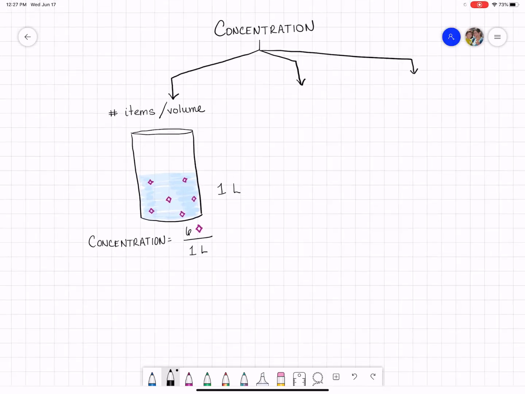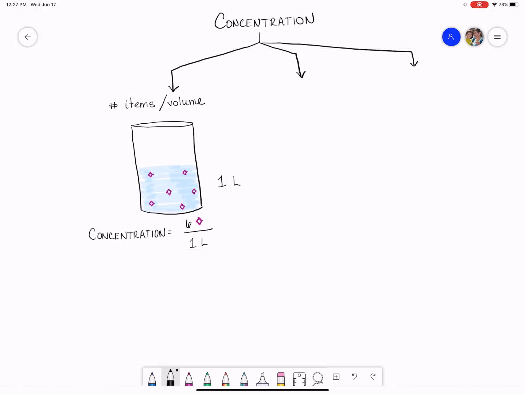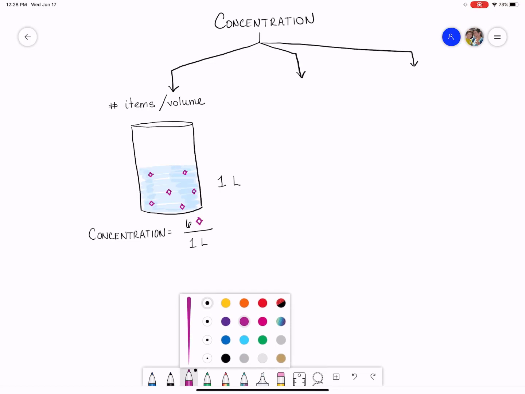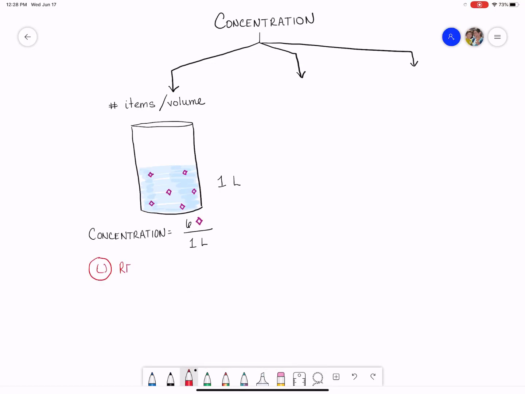Now we most often see this easy approach applied to larger items that are suspended but not necessarily dissolved in fluid. So examples are going to be the cellular elements in blood, most notably red blood cells, white blood cells, and platelets.